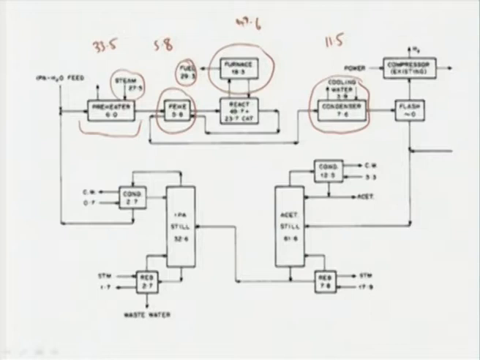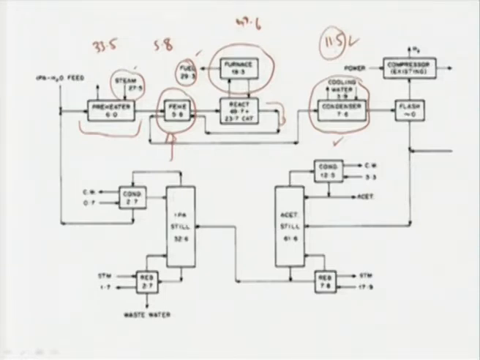Now, how can we bring down these costs? That is by spending more on the feed to effluent heat exchanger. We can make it larger so that a greater amount of energy of the stream emerging from the reactor can be recovered, and then the load on the preheater and the furnace reduces. Similarly, if greater energy of the reactor effluent is recovered, the load on the condenser also goes down, and therefore we can have further saving in this $11,500 for the condenser.